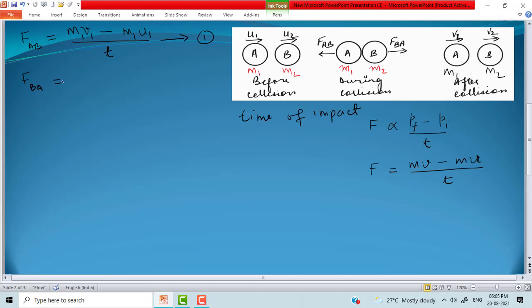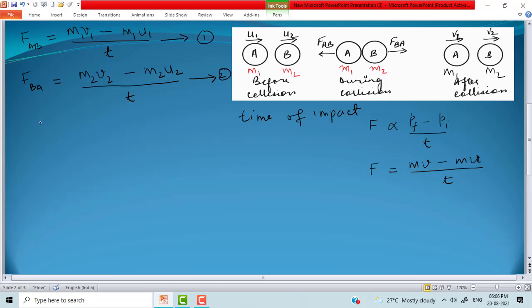The change in momentum of B is final minus initial, that means m2 v2 minus m2 u2, divided by time. Let it be equation 2. Here the time t is the time of impact.